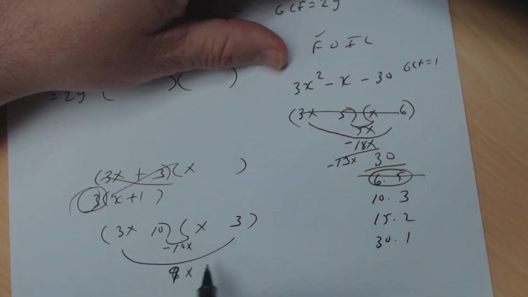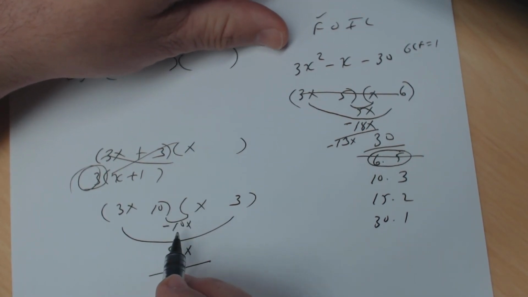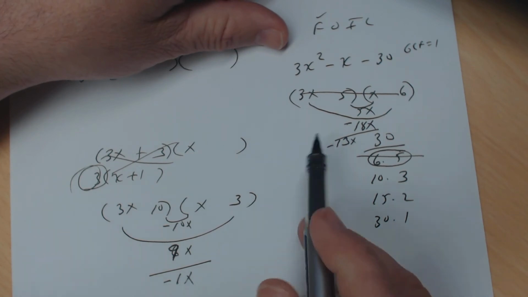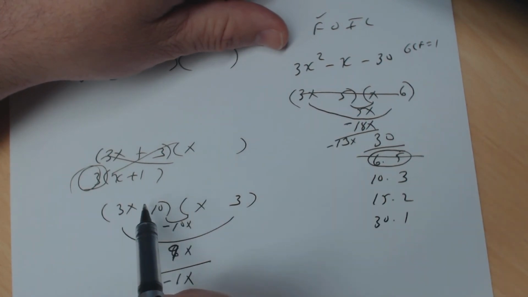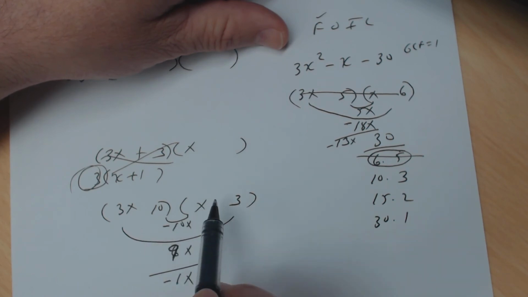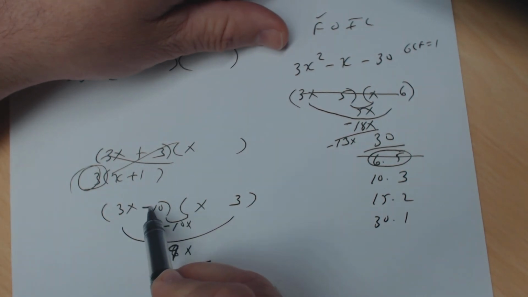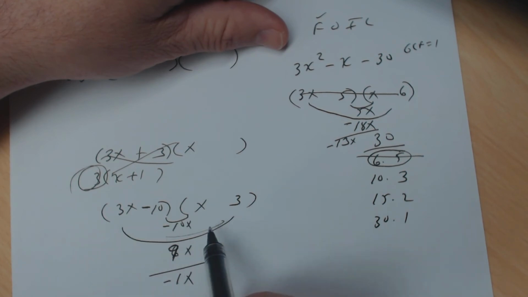So 10x has to be negative, the 9x has to be positive. Let's check. A negative 10x and a positive 9x is a negative 1x, and that is what you wanted. So the order in which I see them is correct. All I've got to do now is put in these signs. In order to get a negative 10x here, this 10 has to be negative. And in order to get a positive 9x here, that 3 has to be positive.